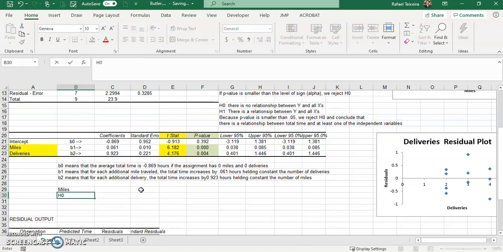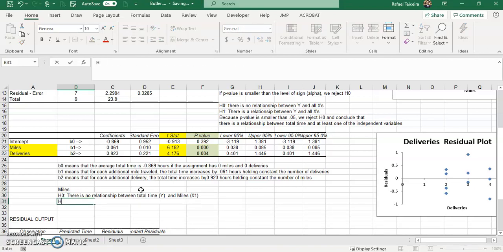The null hypothesis is that there is no relationship between total time, that's our y variable or dependent variable, and miles, which is x1. Okay, so that's the null hypothesis. There's no relationship between them.